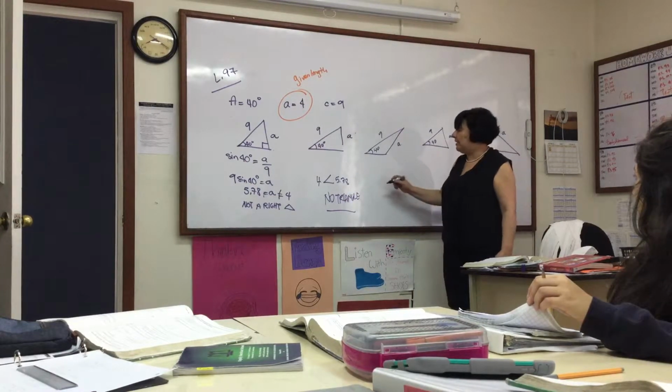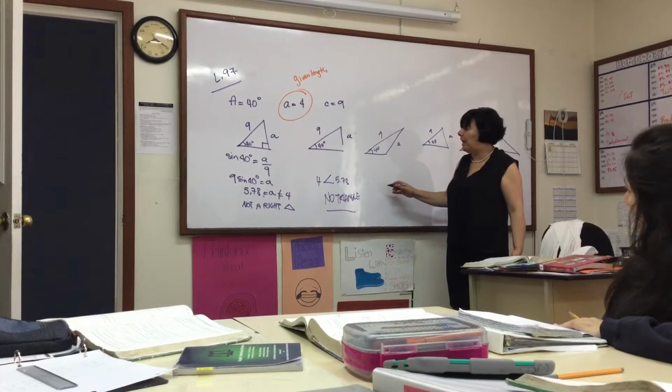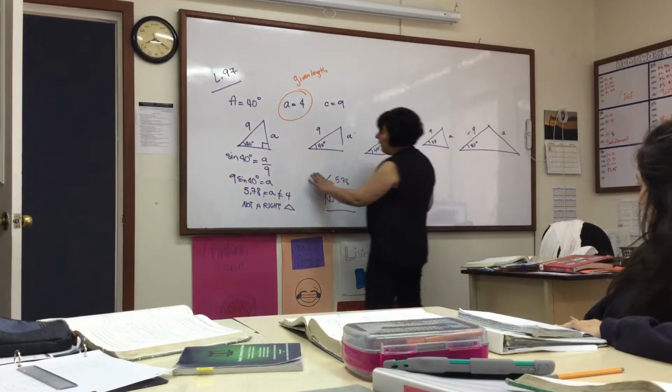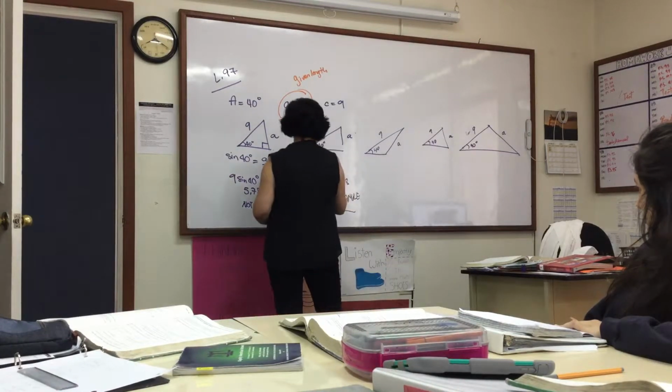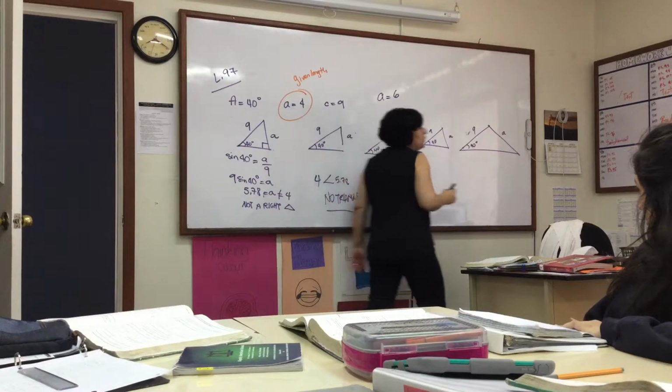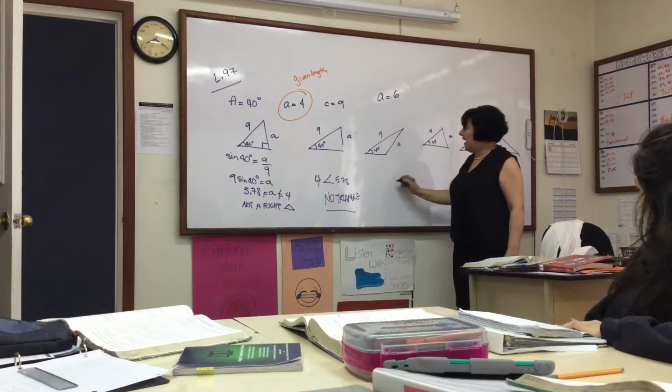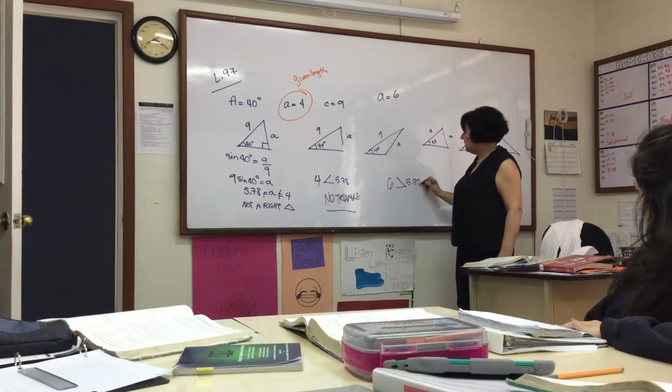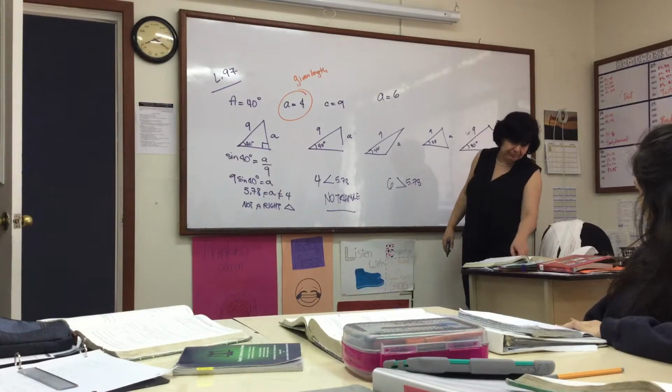Let's say that it's not a 4. Well, in this case, it's a 4. Let's say that they give you that A is equal to 6. We go on. If 6 is greater than 5.78, then we've got two options.